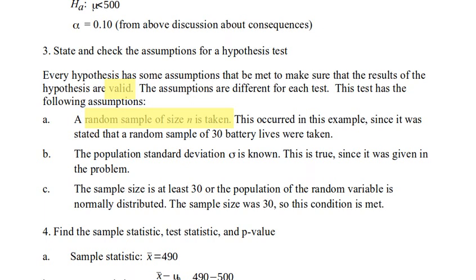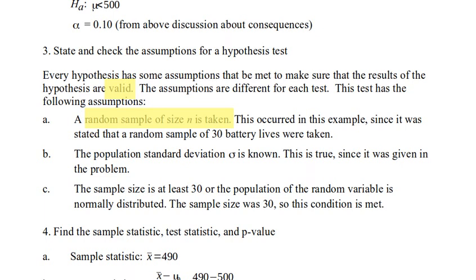Now, this did occur in this example since it was stated that a random sample of 30 batteries were taken. The population standard deviation is known. Now, remember, this came to us from the manufacturer, so we are using the null hypothesis. Again, this was true. We were given that the standard deviation of all batteries was 25 days.